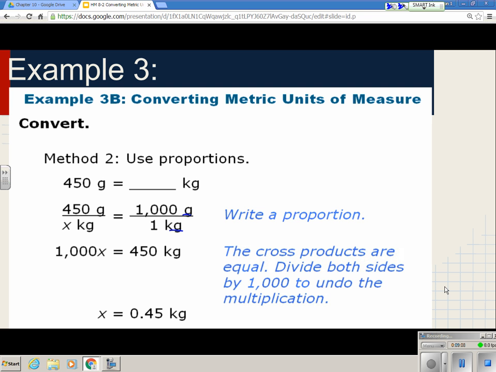We put what we do know, which is 450 grams across from grams, and we're solving for kilograms. 1,000 times x is 1,000x, and 450 times 1 is 450. Then all we have to do is solve for x, so we divide both sides by 1,000. And 450 divided by 1,000 gives you 0.45 kilograms. Again, if you want to write that in your notes, go ahead.